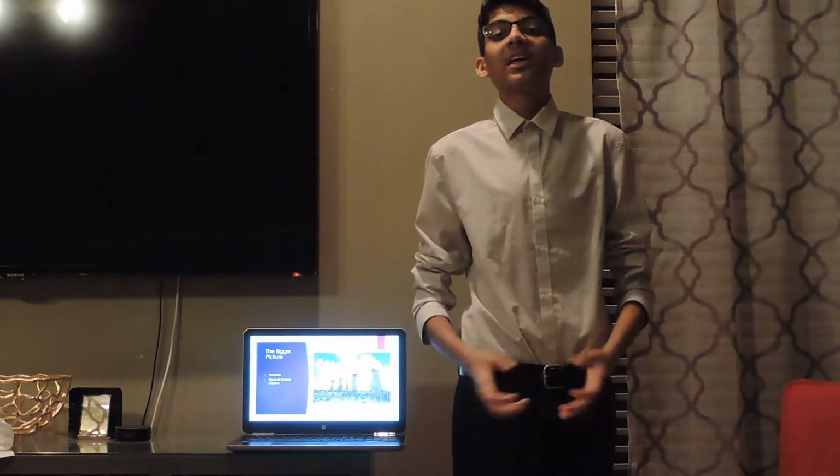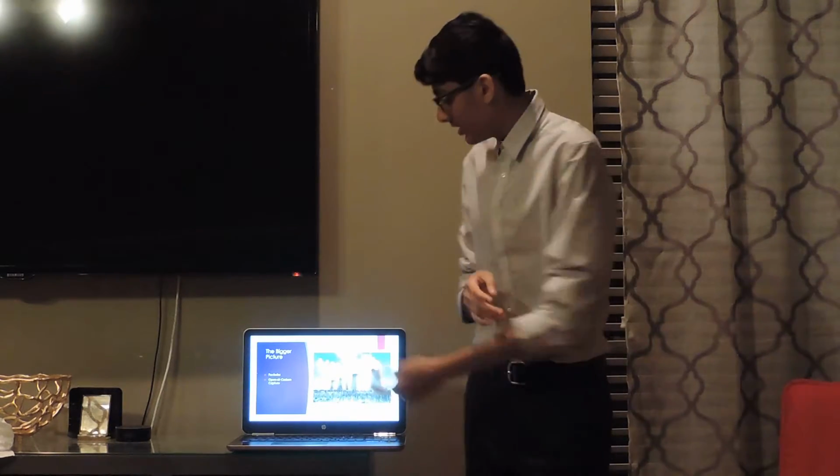So let's look at the bigger picture. My product has a wide variety of scope. This is because CO2 emission is being released from almost everything in the world. This includes factories, vehicles, and all sorts of things. So not only can this be used in vehicles, but it can also be used in factories, where it can be used to not only reduce the CO2 emission from stacks like these, but also create more fuel that they can use.